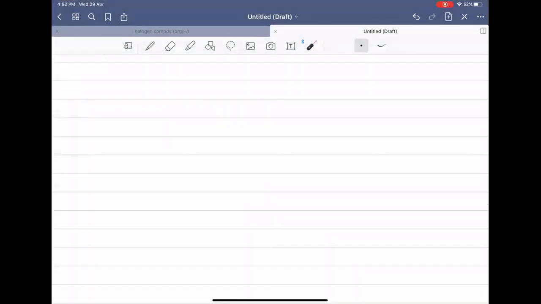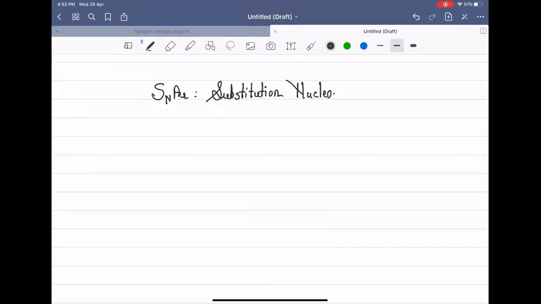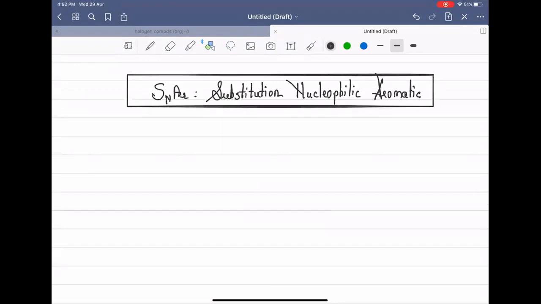The next thing that we have to do is like the last type of substitution. These are called SNAr substitution: nucleophilic aromatic. Now these are some of the most difficult reactions.